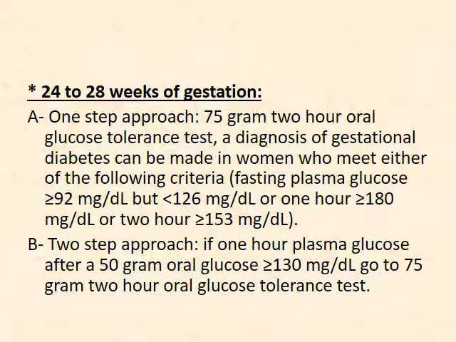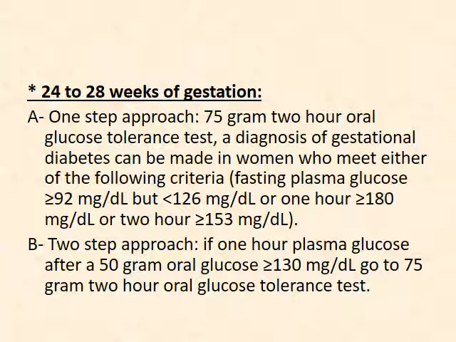If the fasting is greater than or equal to 92 but less than 126, or 1 hour is greater than 180, or 2 hour is greater than or equal to 153, any one abnormal reading is diagnosed as gestational diabetes.